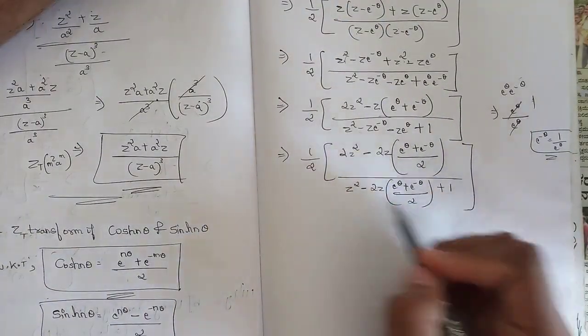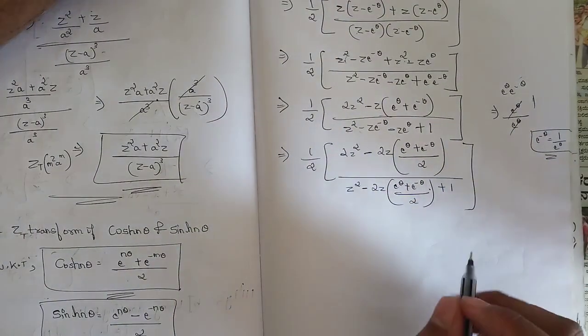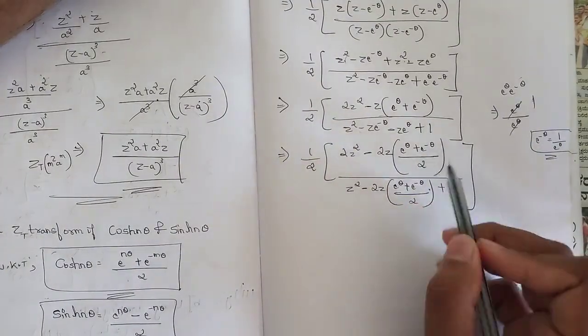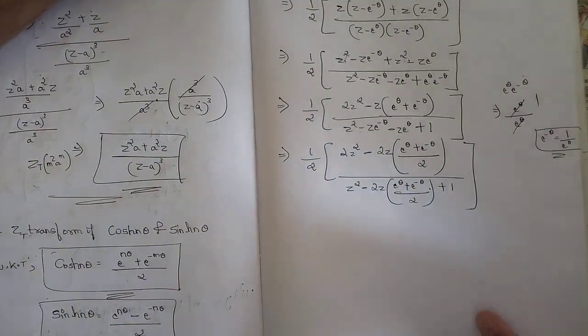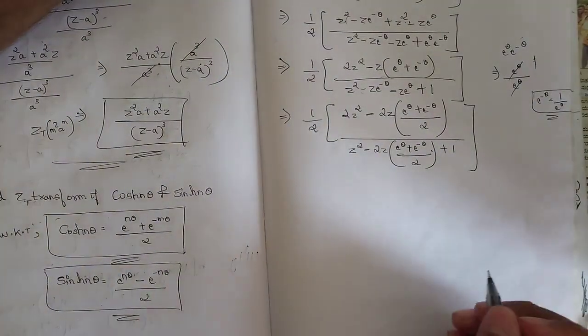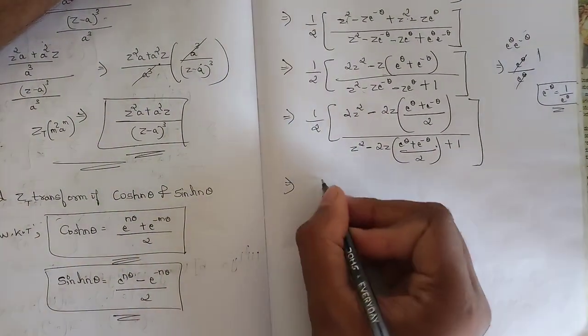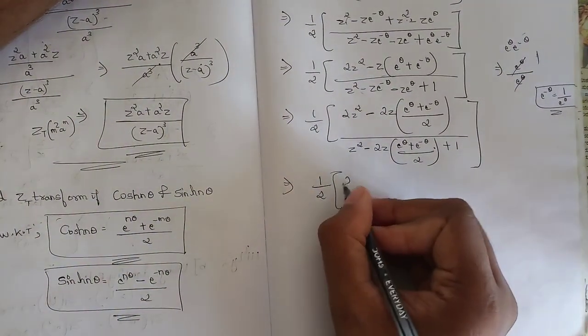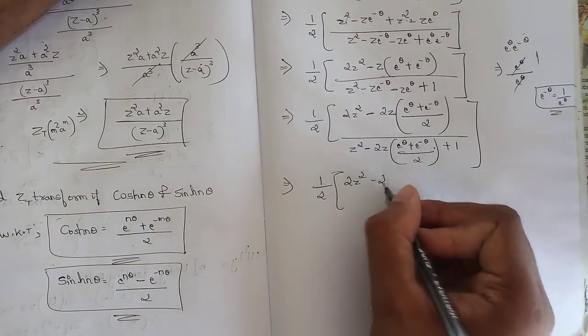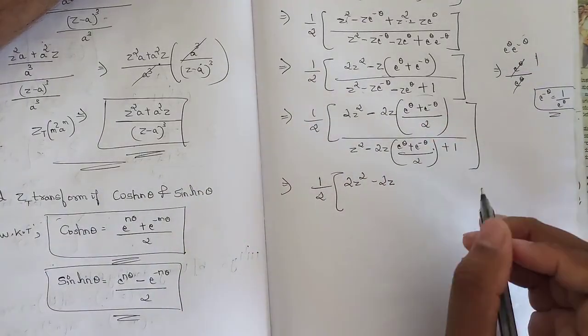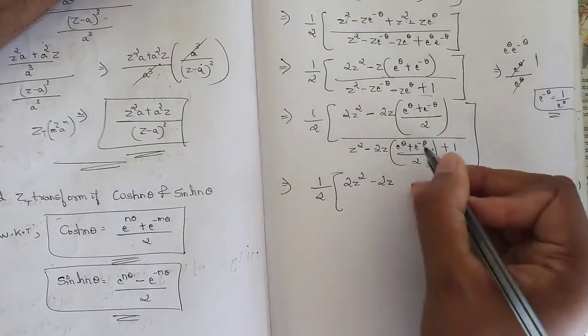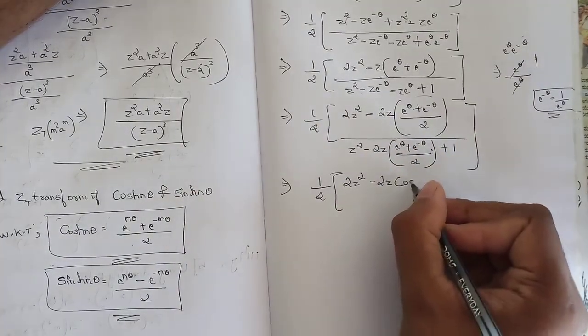So we are just doing this multiplying and dividing by 2 for the sake that we need to get a hyperbolic function, so that we can directly write the hyperbolic function. Okay. So by further simplifying, we get minus 2z into, so this corresponds to a hyperbolic function, that is there is plus, right? So cos h.